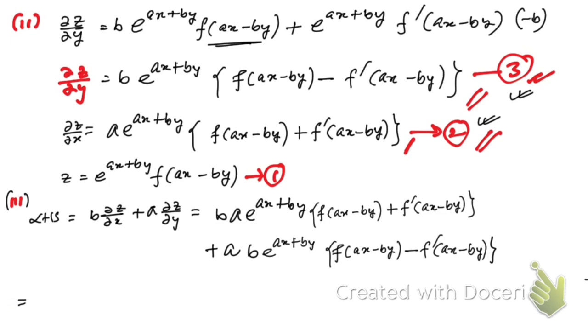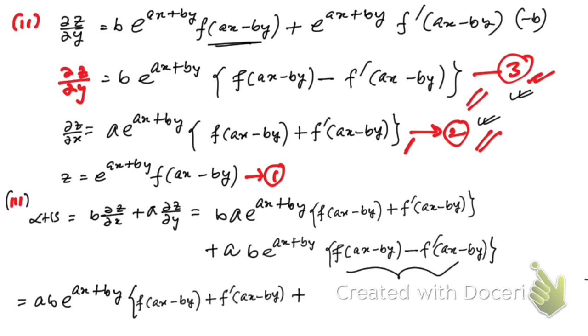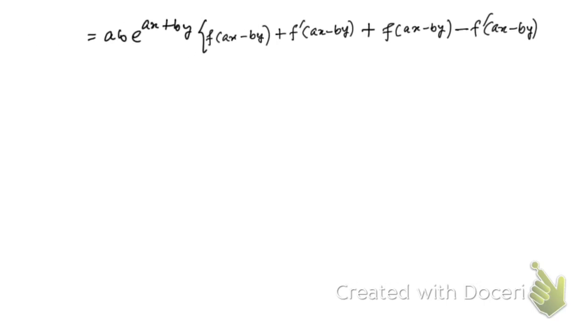This is equal to, instead of ba, let me write ab, then within bracket you're going to get these things. Let me copy this and paste it here. Then plus you're going to get this thing. Let me copy this and paste here. So this is what we have got. Now let me copy this result and go to the next slide. So here is the next slide. This is the last step we have got.